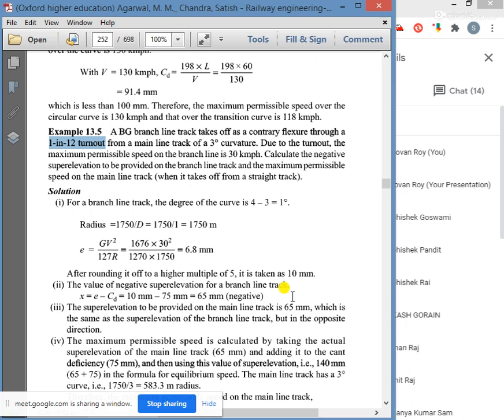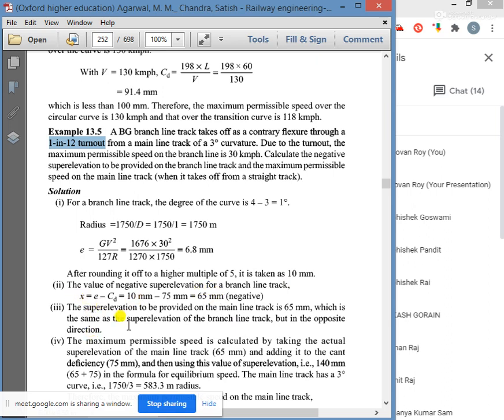Where is it provided? It is provided on the outer track. So instead of raising the outer track, we are decreasing the elevation on the branch line. This is called negative superelevation. Okay. Now the negative superelevation value is available for the branch line, and we will provide it on the outer track.